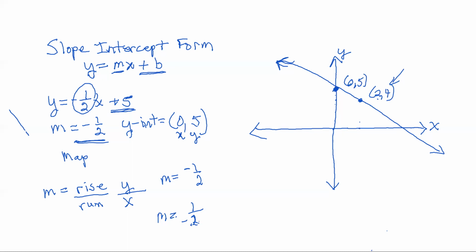So now if I wanted to go the other direction, I would start at my point. I'll start here at the 0, 5 again. And this time I'm going to go up 1 because it's positive and to the left 2. And there is another point. So again, a map getting you from one point to the next. And that's how you use that and how you graph.